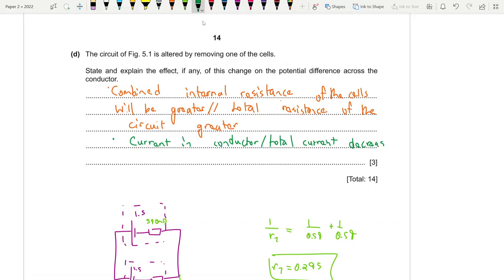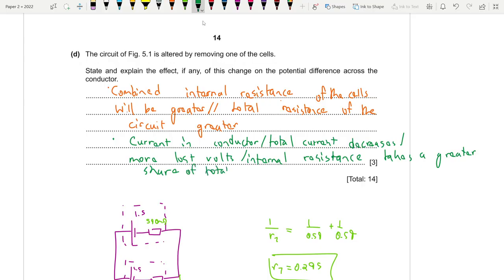Okay, you could mention this point, or you could say that there are more lost volts inside its cell, or the internal resistance takes a greater share of the total PD. So what's our last point? Basically, potential difference across conductor decreases.